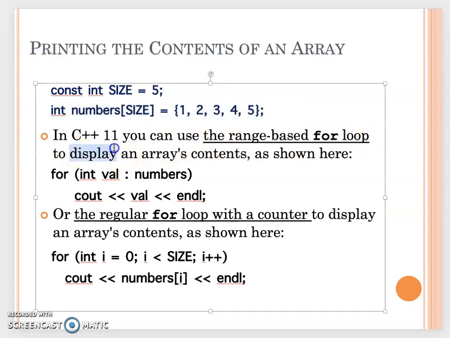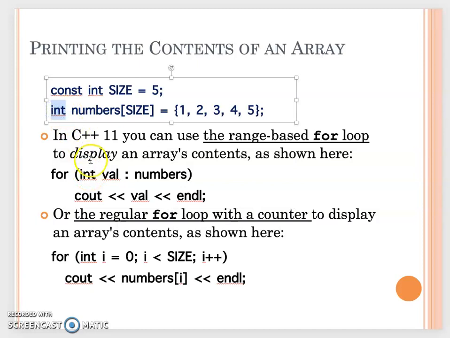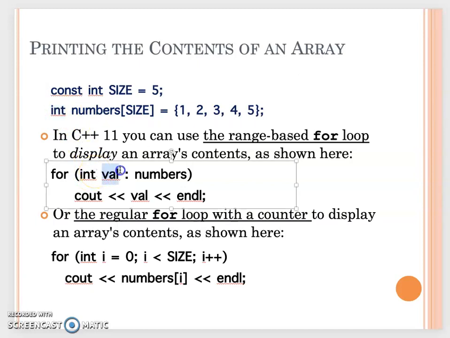To display the content of the array, we declare a data type and a range variable we call val. This data type needs to match the array data type, or we can use auto. Then we declare a variable name, which we use as the range variable for the array numbers.